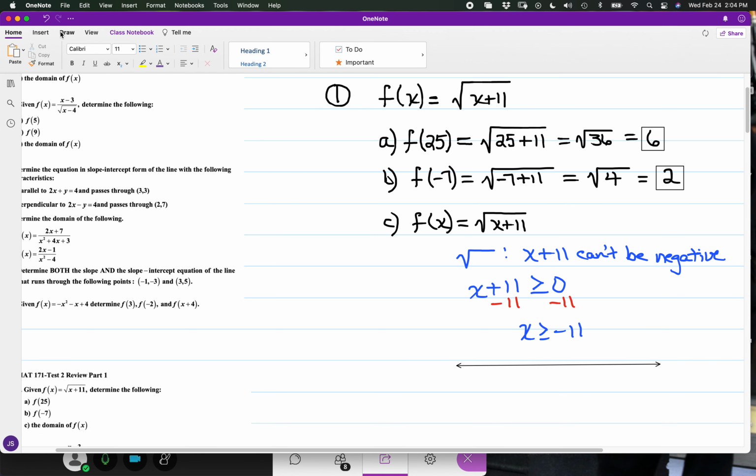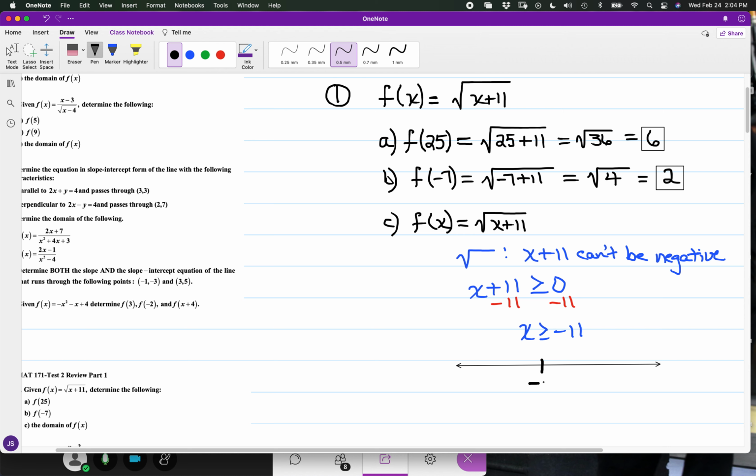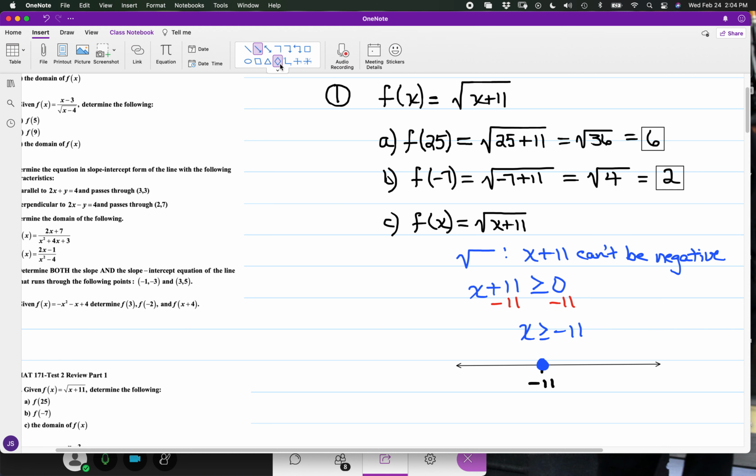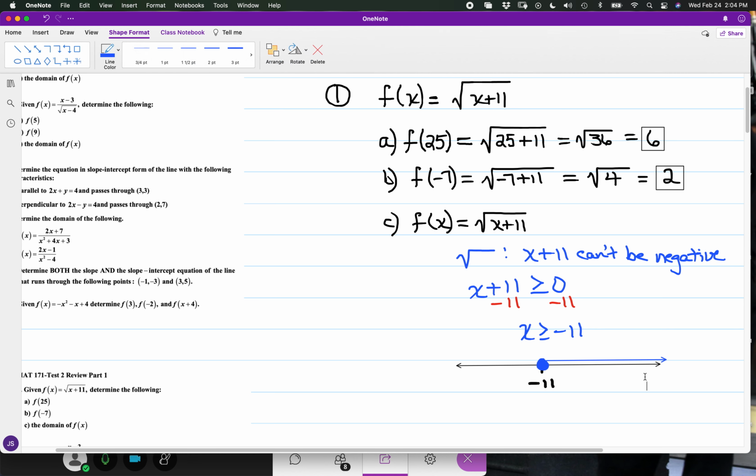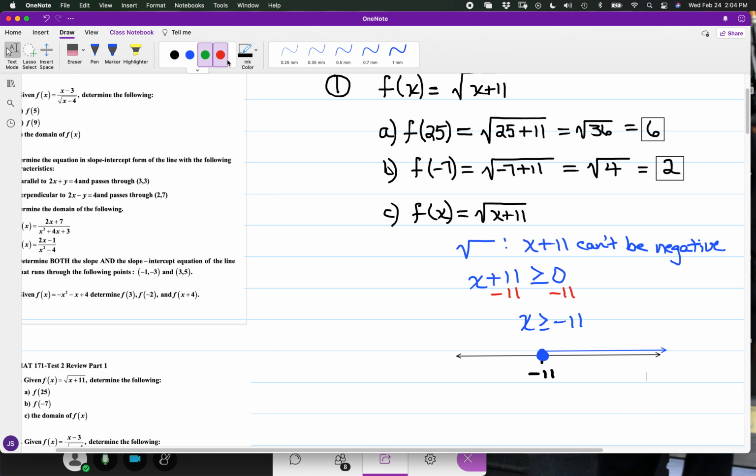The graphing is optional, but just to give you a bit of a visual layout, negative 11, with the equal sign, is part of the solution. So we'll have a closed point here, and the rest of the set is going to be greater than, so we have an array going out to the right and running continuously toward infinity.